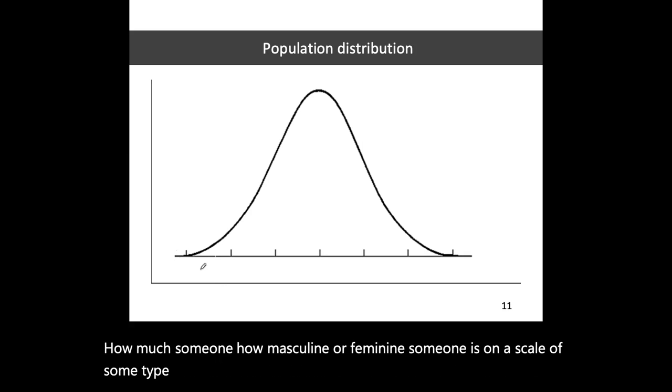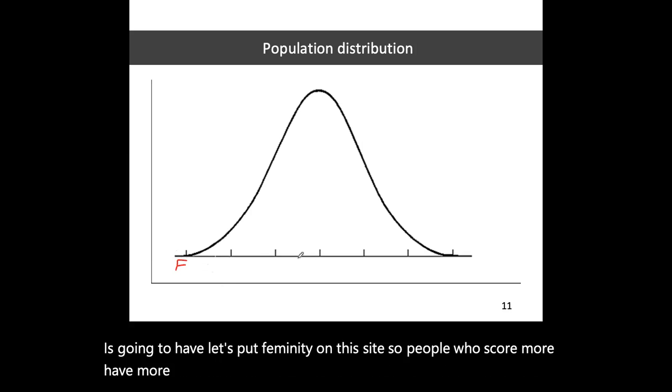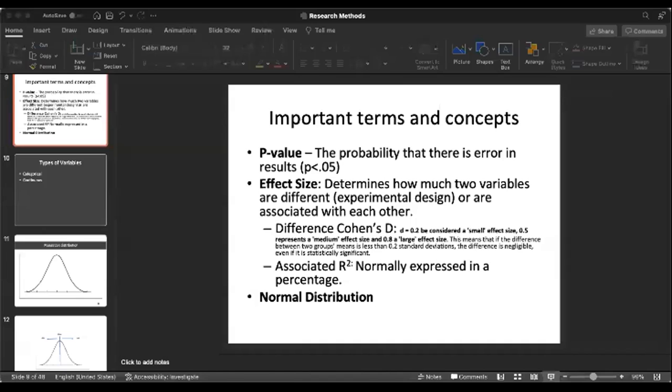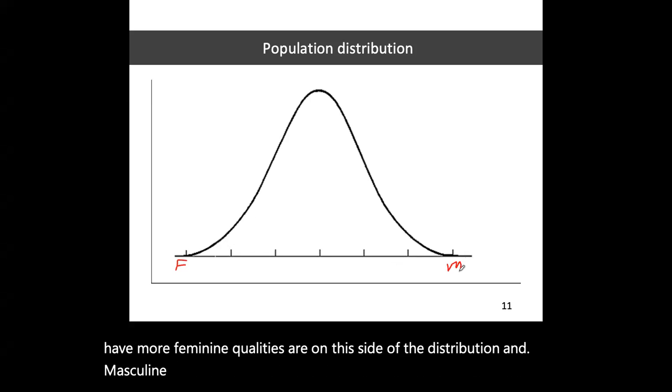So this one is going to have, let's put femininity on this side. People who have more feminine qualities are on this side of the distribution, and masculine qualities on the other, so feminine to masculinity. And we know that everybody kind of scores somewhere in between.